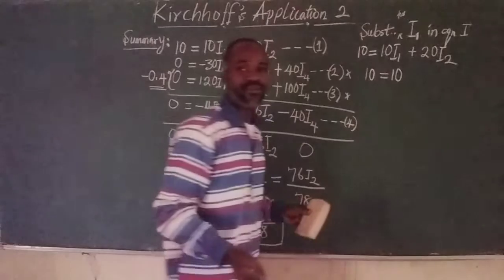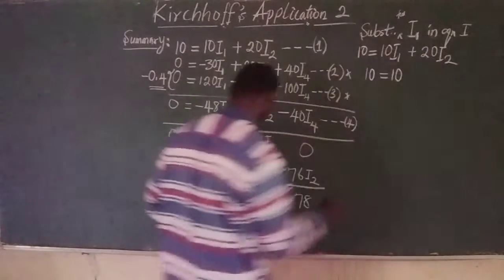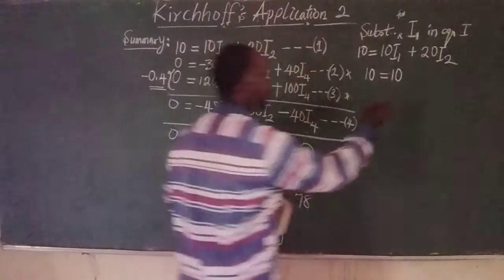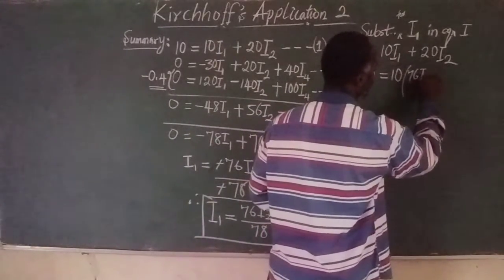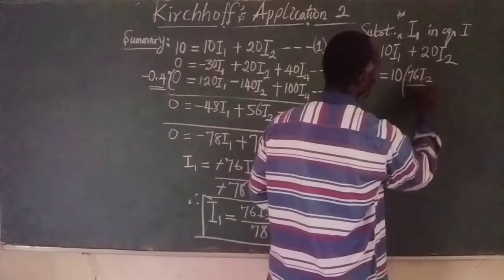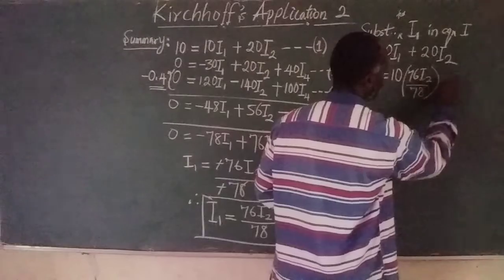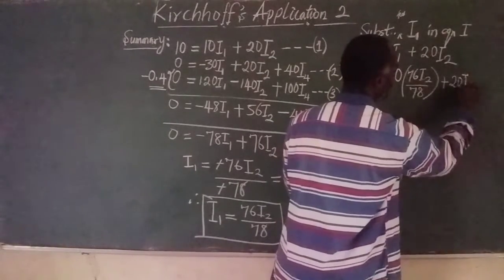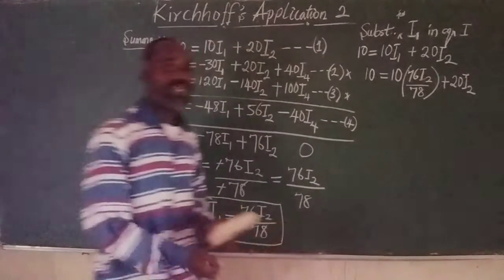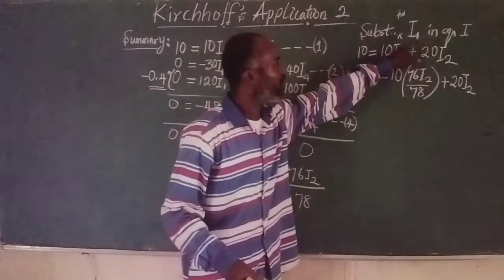The value for this current 1, look at it there, is 76 I2 all over 78, in brackets, plus 20I2. So we have successfully substituted for current 1 in equation 1.